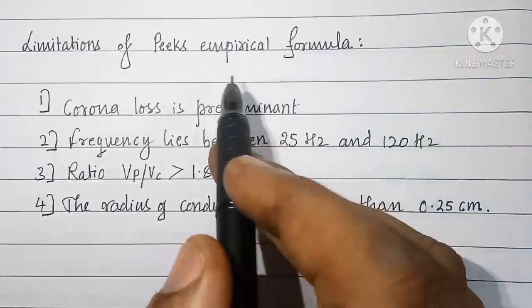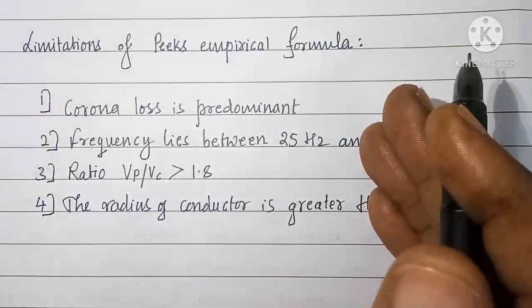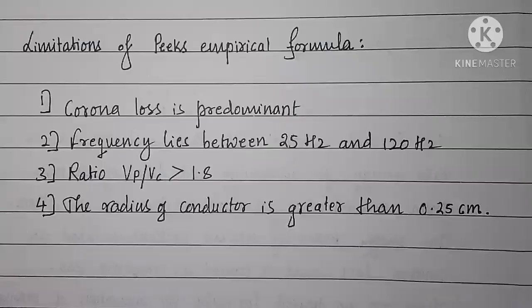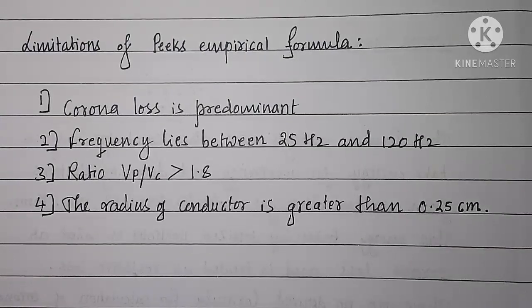Using Peake's empirical formula for calculation of corona loss, we can calculate the corona loss approximately if and only if certain conditions are met. In other words, we can say that Peake's empirical formula has got certain limitations.